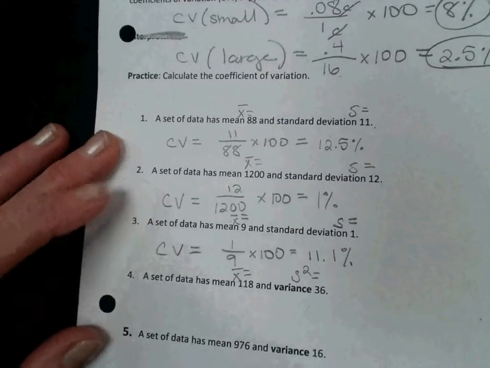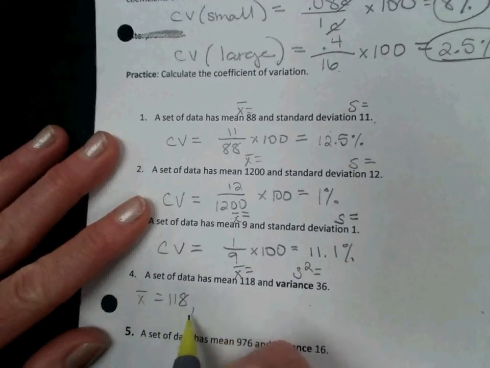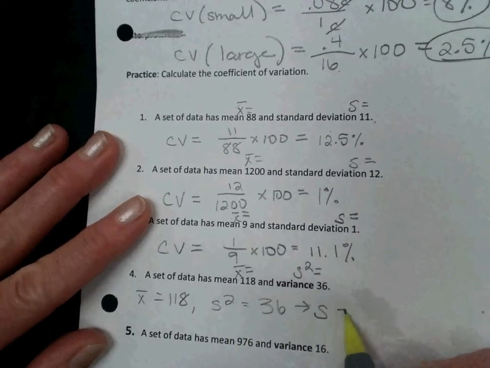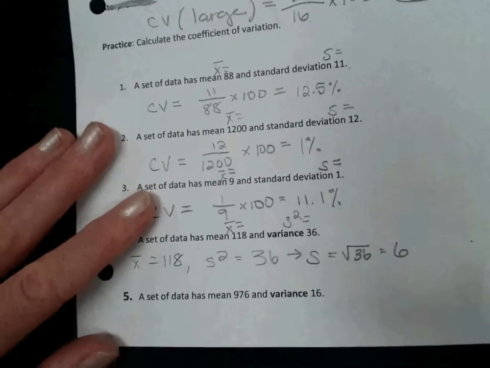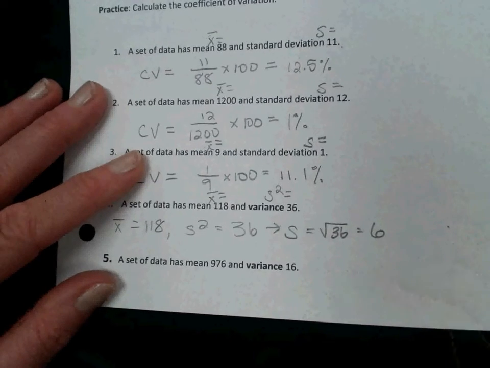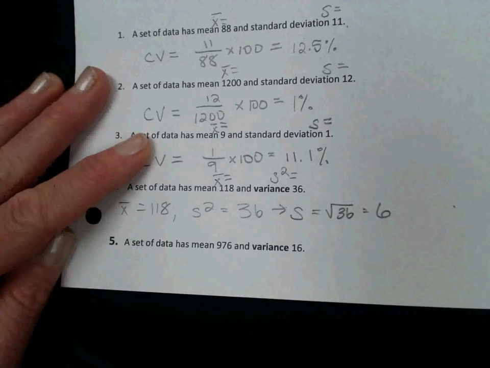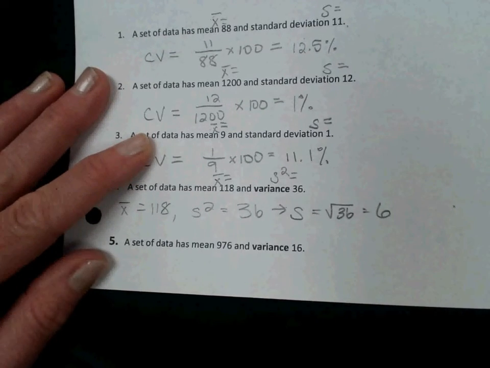Yeah. Nailed it, yep. So we have X bar is 118, S squared is 36, so S is the square root of 36. So read carefully, yes. When you're doing questions, it's always important to read carefully. I feel like in stats class especially, it's easy to overlook some key things.